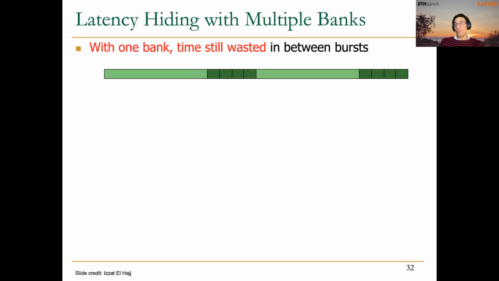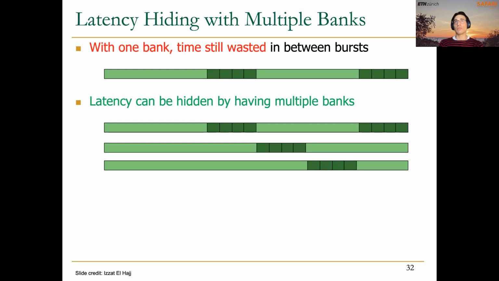So when we have multiple banks, we can better hide the latency because we can read data from different banks while we are paying the latency of opening rows in different banks. If we have a single bank, we have to wait a long latency until we open one row, then we access several columns in this row, then we have to open another row, and then we access several columns in that row.